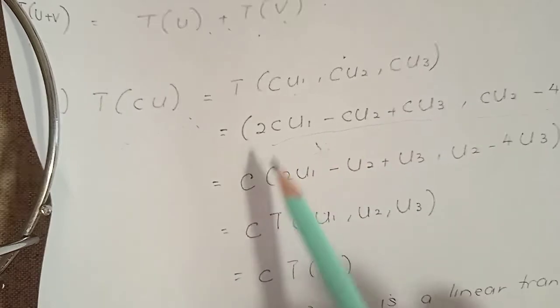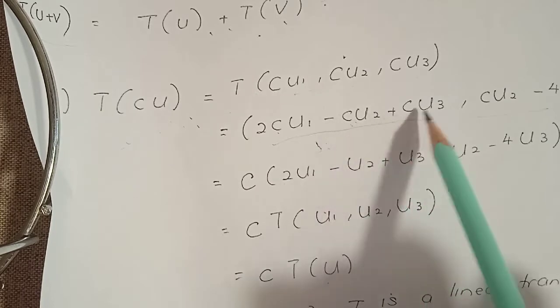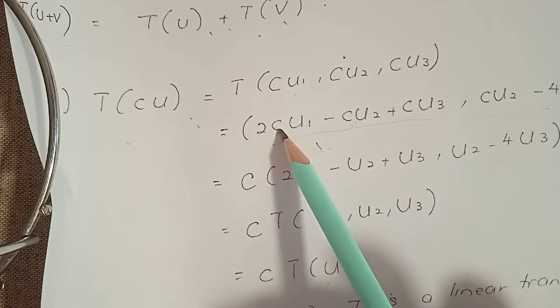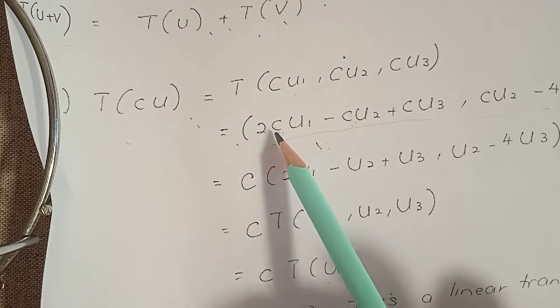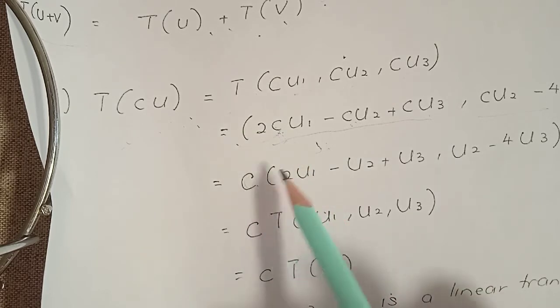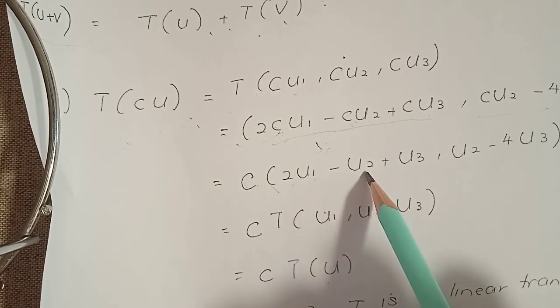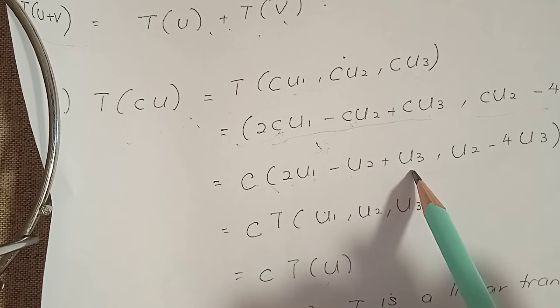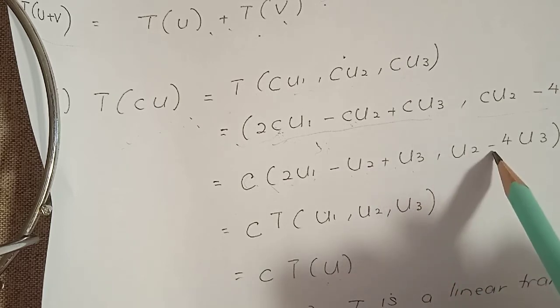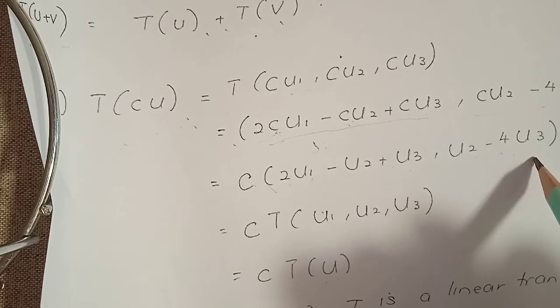Now since C is a scalar, we can factorize and take it out. So we simplify, with C outside in front, and in the bracket is 2U1 minus U2 minus U3, and the second component is U2 minus 4U3.